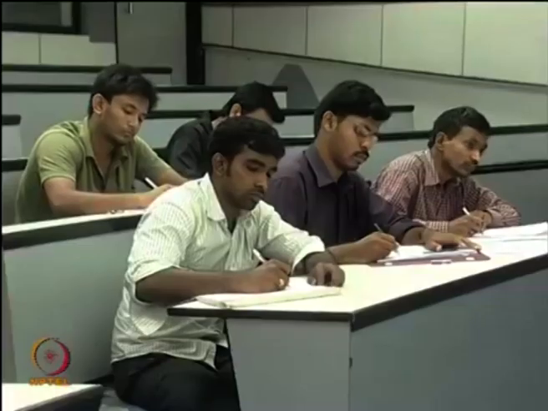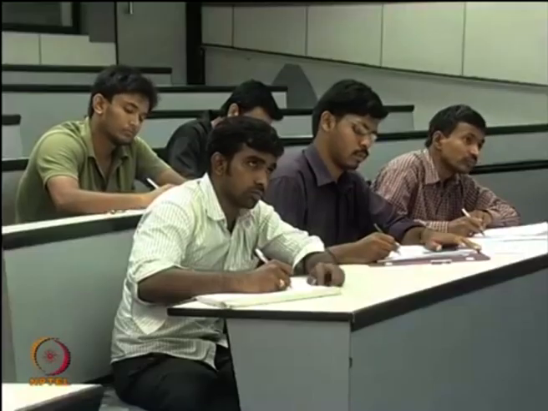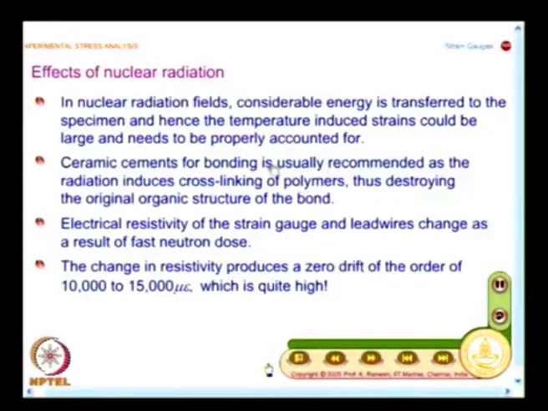This is one aspect of it. The other aspect is, you should also look at what kind of cements you use for bonding. You cannot go and use polymeric adhesives, you need to go for ceramic cements. This is peculiarity when I want to go and work in nuclear radiation environment.